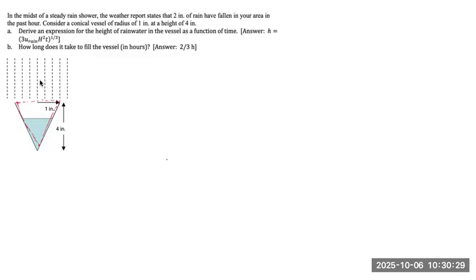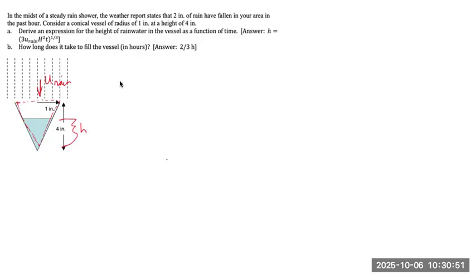So basically we have the velocity of the rain, we have the radius of the cone, and we also have the height of the water, and the larger height, which is 4 inches.